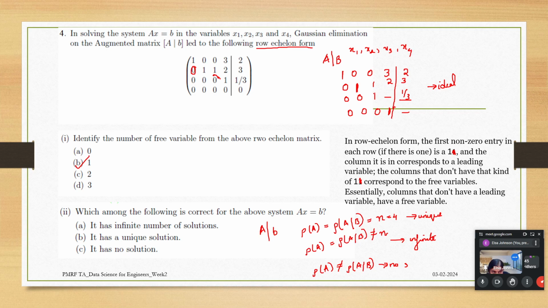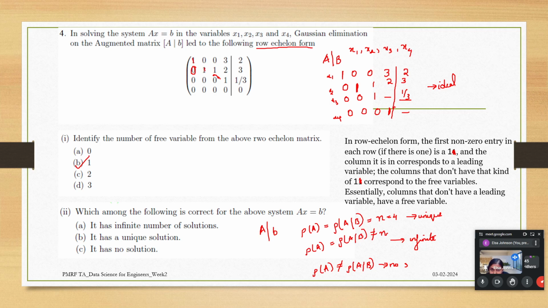Okay, so you can say that all the 4 variables, x1, x2, x3 and x4, are leading variables in this case. Now here the first thing is fine.